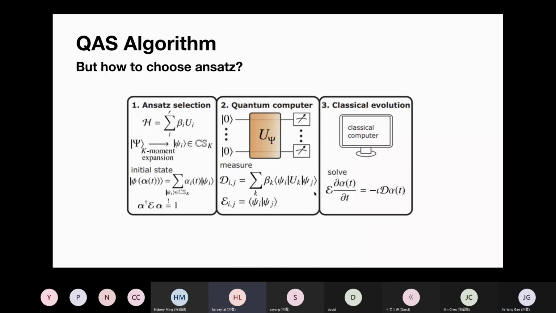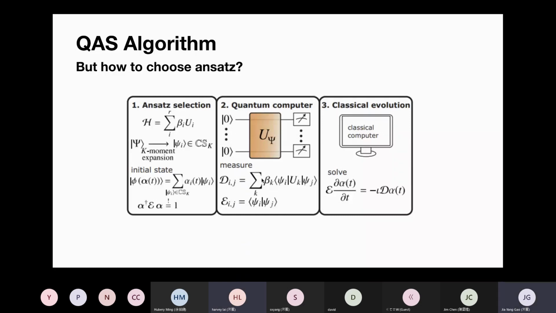Yes, but maybe the barren plateau is the worst case in all these problems. You mean if you use the algorithm in the worst case, it also has some trainability problem? Yes. Okay, maybe I can take notes on it.